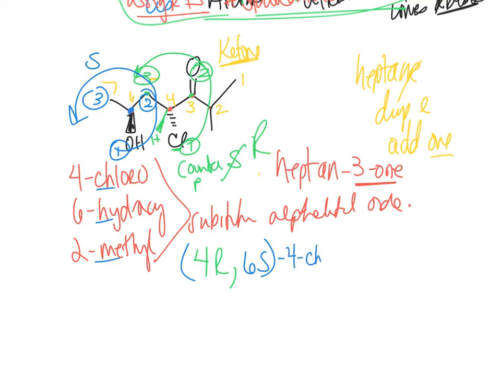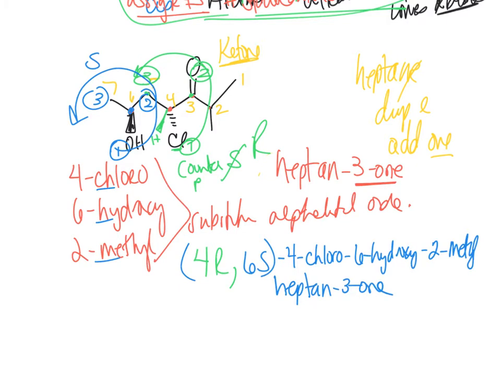Dash 4 dash chloro, dash 6 dash hydroxy, dash 2 dash methyl, heptan, dash 3 -one. All right, so that should cover some of your naming with multiple substituents, prefixes, suffixes, applying R and S.